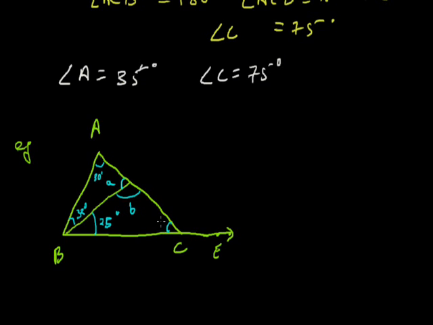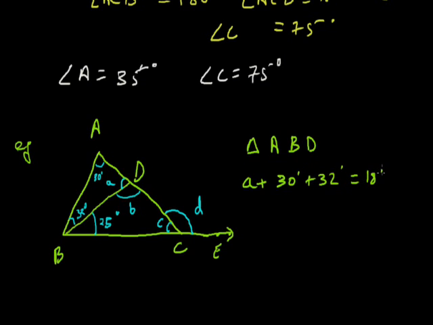This angle is angle C and this complete angle is angle D. We have to find the value of A, B, C and D. If we see the triangle ABD, then the sum of these three angles will be 180 degrees. So we can write A plus 30 degrees plus 32 degrees is equal to 180 degrees.